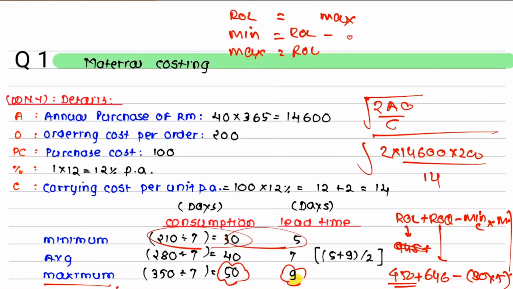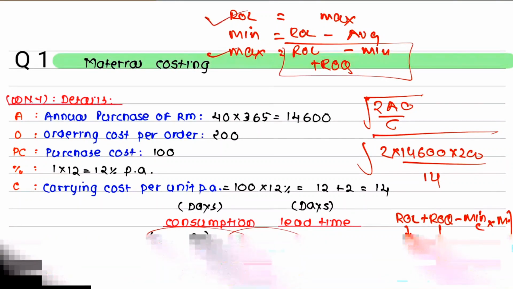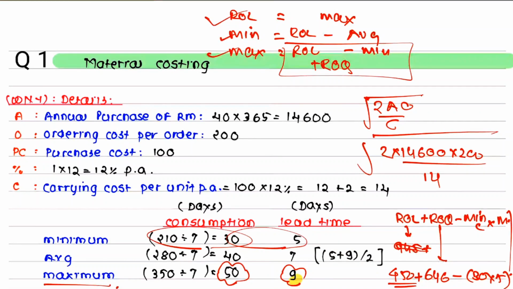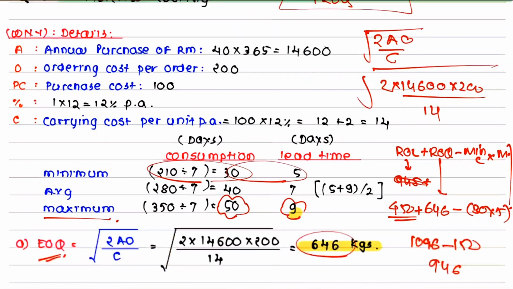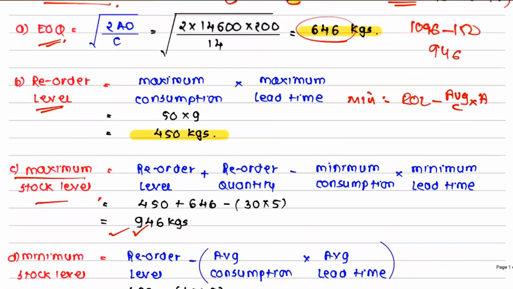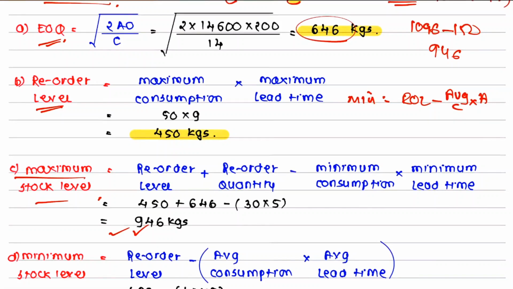ROL minus average consumption into average lead time. Here you will say minus minimum consumption into minimum lead time, but you have to add one more thing. So we are done with these two. Now we have to go with the formula for minimum stock level: ROL minus average consumption into average lead time. It was discussed, okay? So if I try to give you the answer, what is ROL?